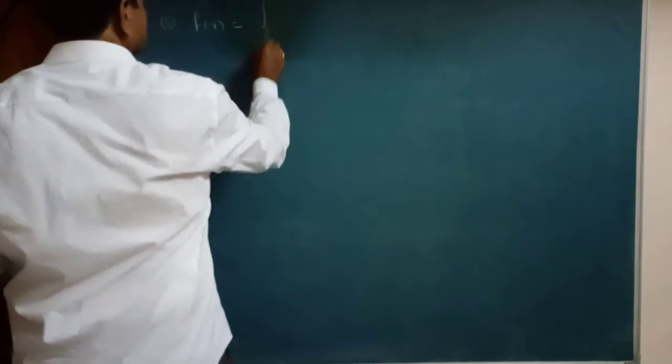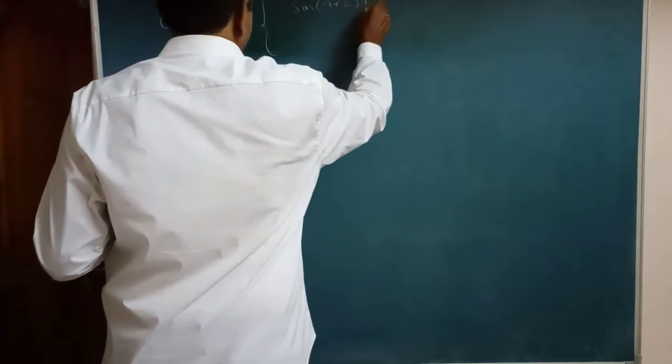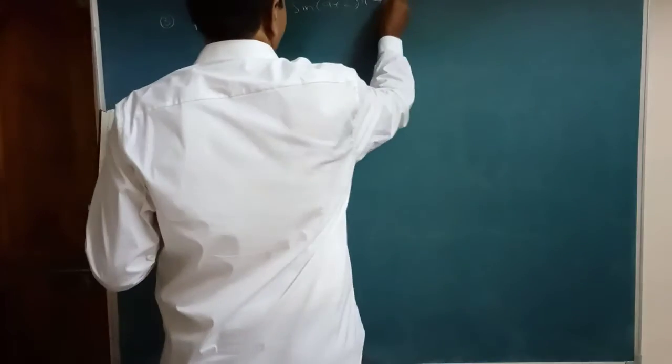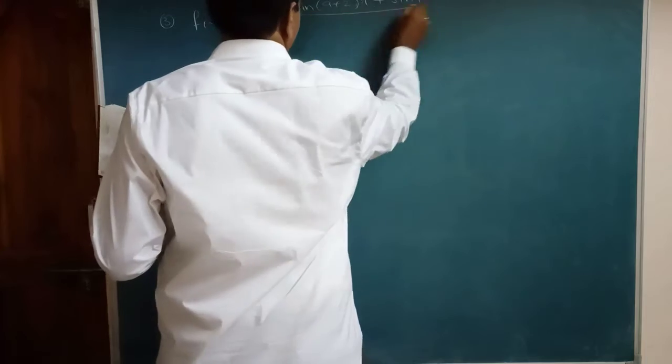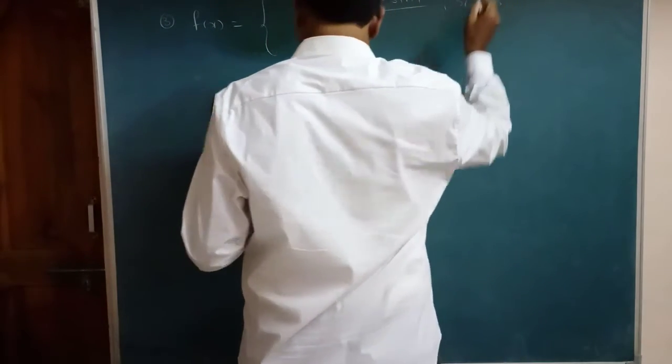Next one, third one. f of x is equal to sin of (a plus 2) into x plus sin x divided by x, when x less than 0.